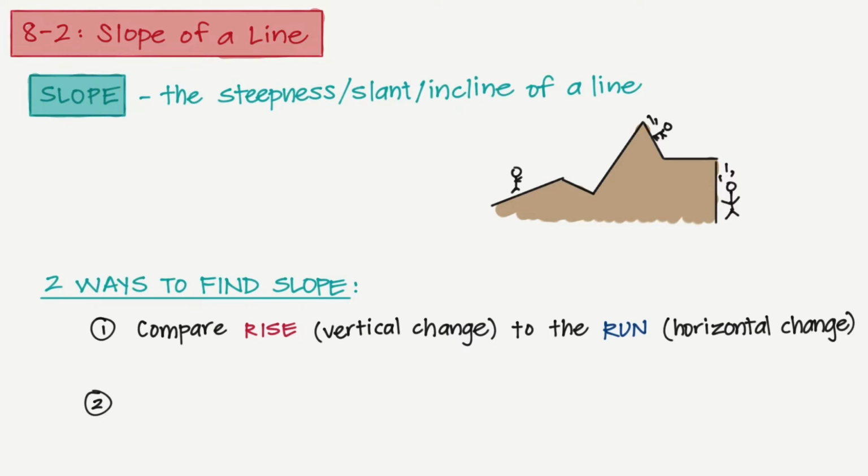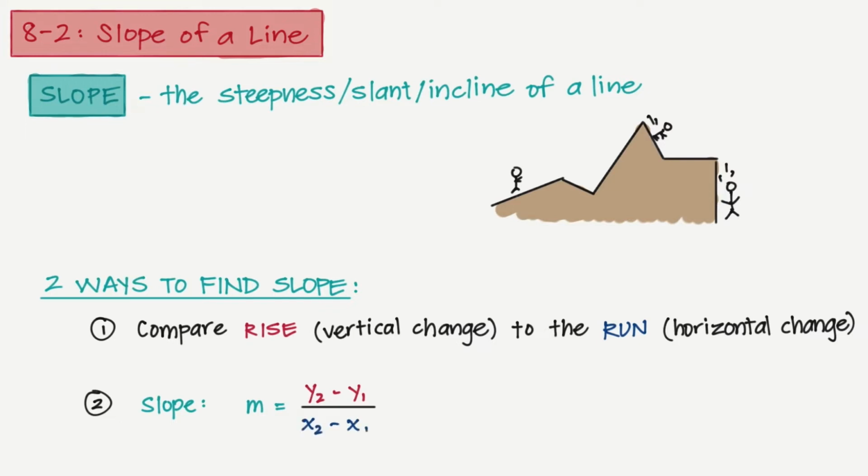Another way is by using what we call the slope formula. It's represented by the variable m, and it is equal to, on top, subtracting the y values of 2 points on your line. So I'm going to call it y2 minus y1. And then on the bottom, we're going to be subtracting the x values.